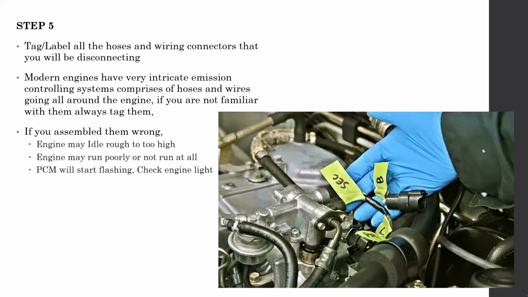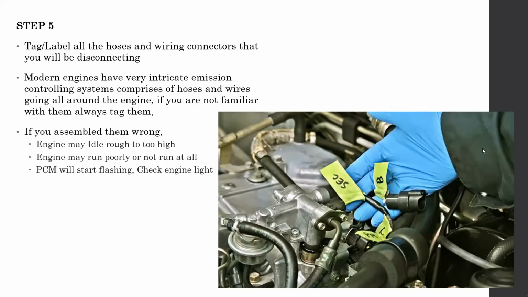Older vehicles used to have it inside the engine bay, but nowadays, since engine bays are getting very small, this component is fixed underneath the vehicle near the fuel tank, right? So there are hoses going from the engine up to there.